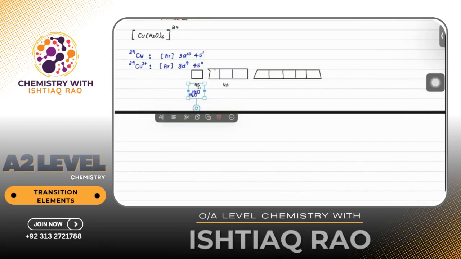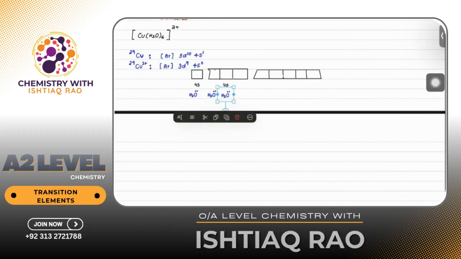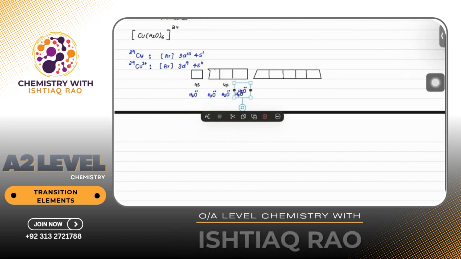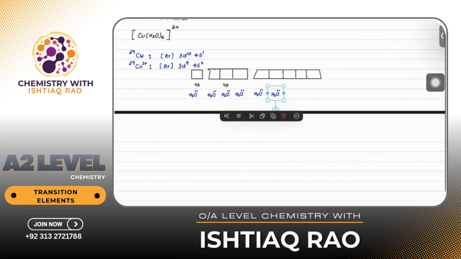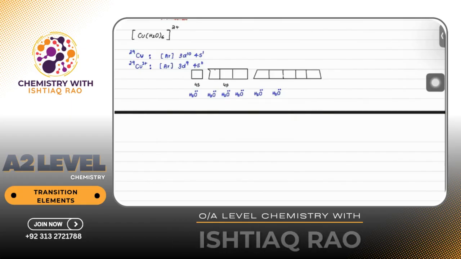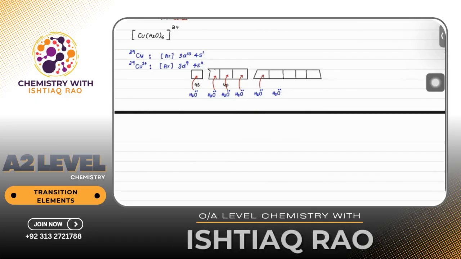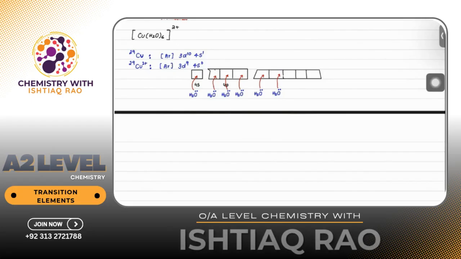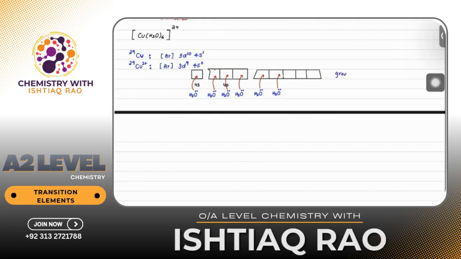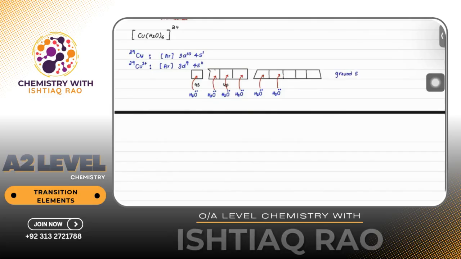So we have six lone pairs, one, two, three, four, five, six. These lone pairs would be donating to the 4s orbital, and to the 4p and 4d orbitals. By the way, it's a ground state.